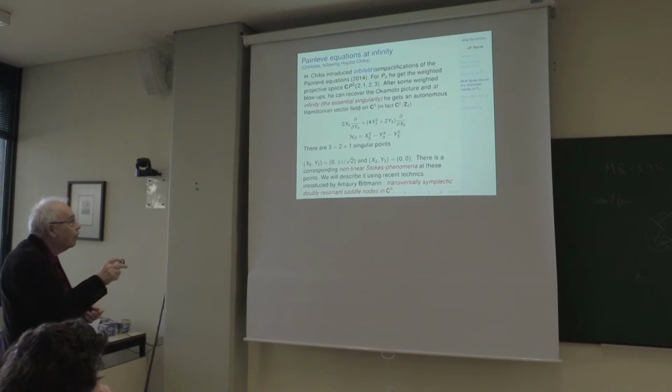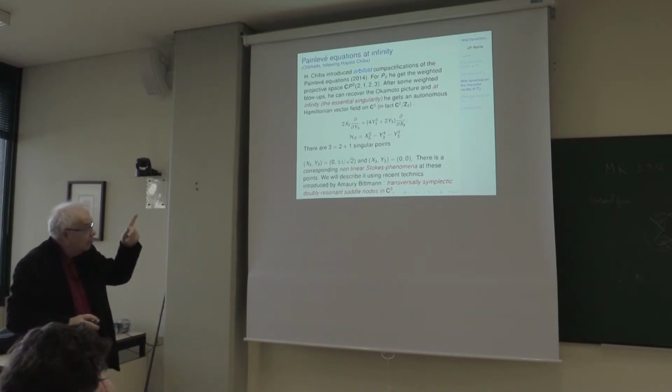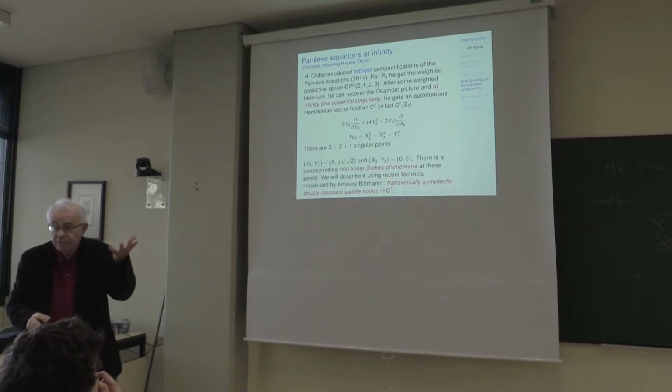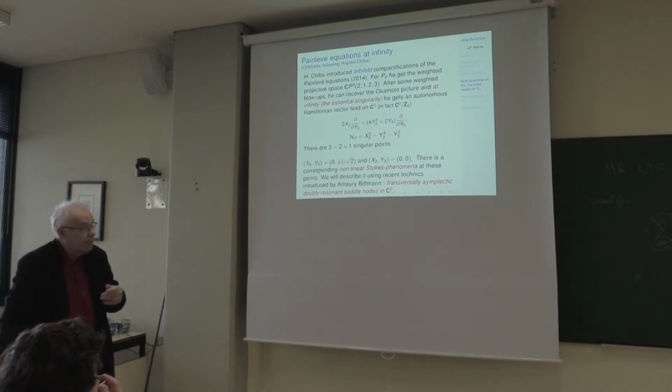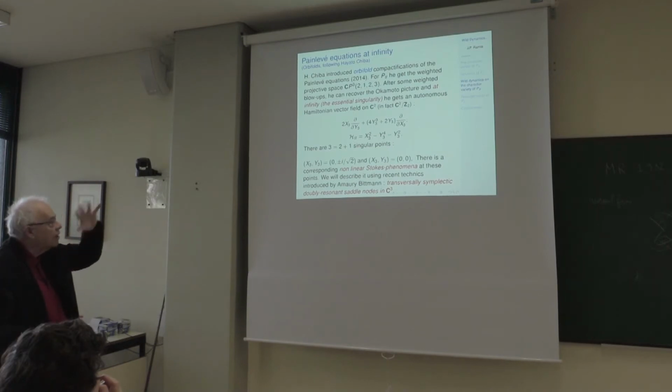Okay, and you do that. Shiba's choice for P2 is to use this weighted projective space. And then he performs some weighted blow-up. In fact, it's ramified. It's a Briot and Bouquet blow-up. It's a ramified blow-up. And then he gets some singularities at infinity.